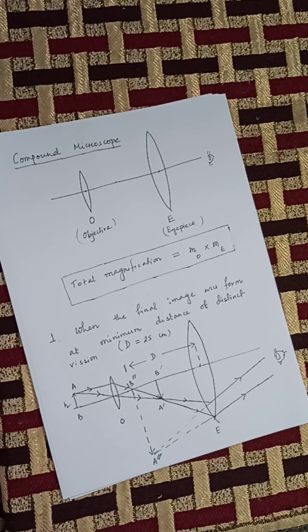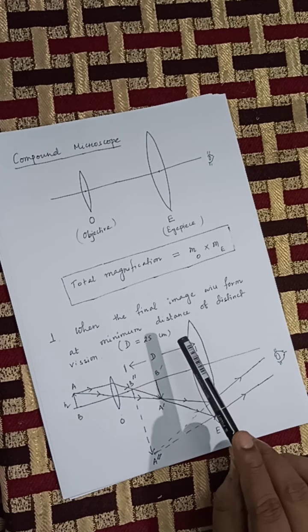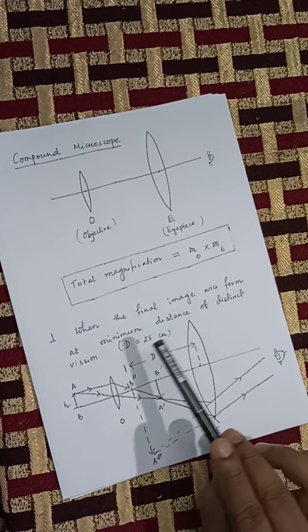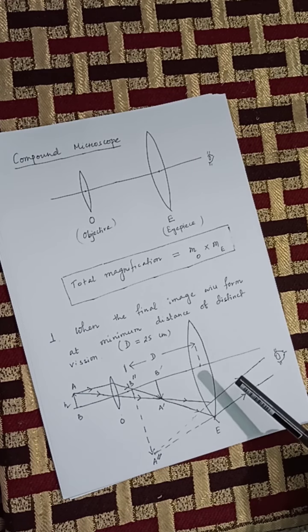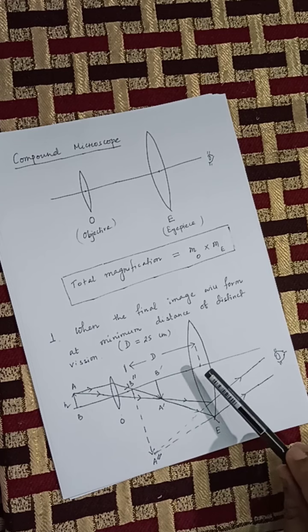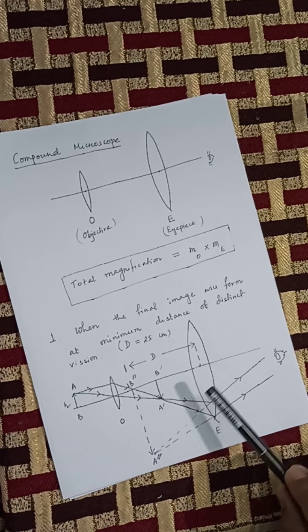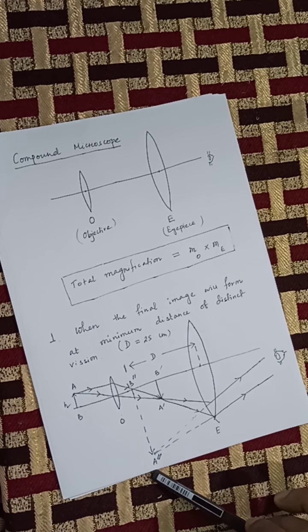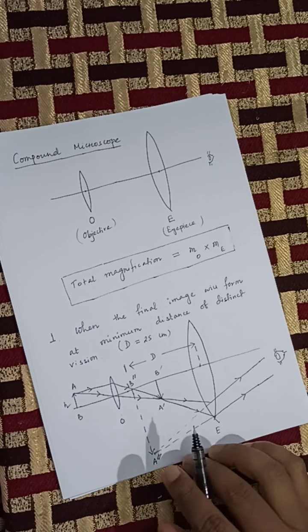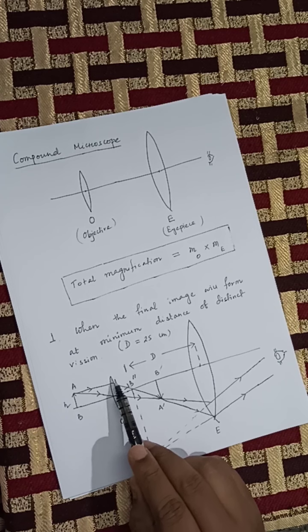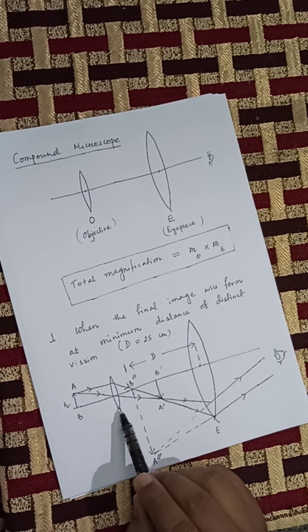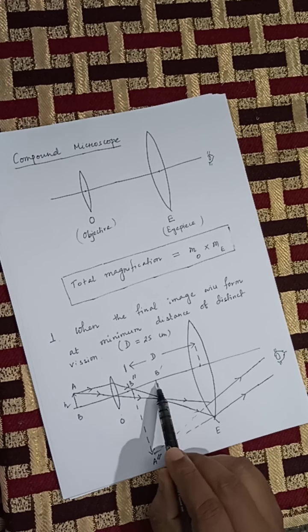Fine. So for the image when it forms at the minimum distance of distinct vision, your ray diagram for image formation will be like this. Now here you see, for this objective lens we will get linear magnification.